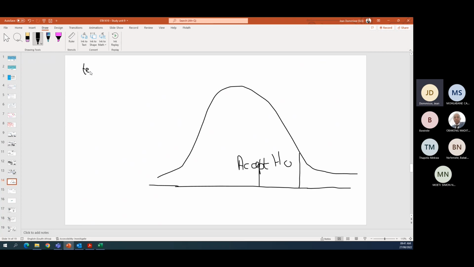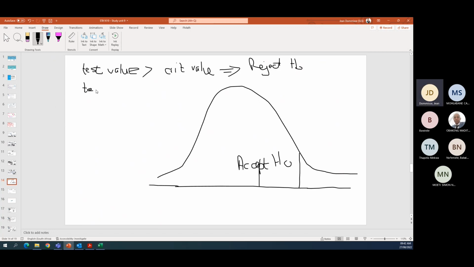But if your test value is bigger than your critical value, we basically reject H0.